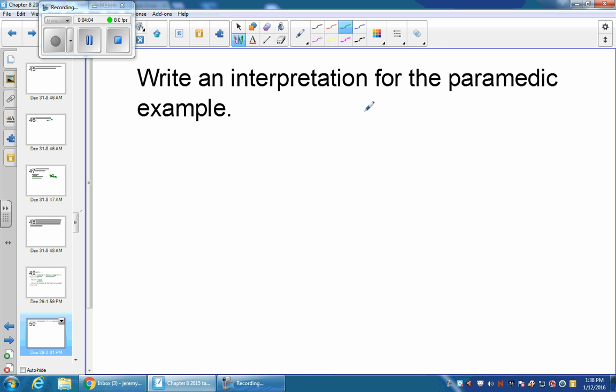So write an interpretation for the paramedic example. For this, we got a p-value of 0.014. Typically, we're going to start with an alpha level, and if they don't give it to us, let's keep a standard of 0.05. Since this is below the alpha of 0.05, we reject the null hypothesis. So let's start this out.